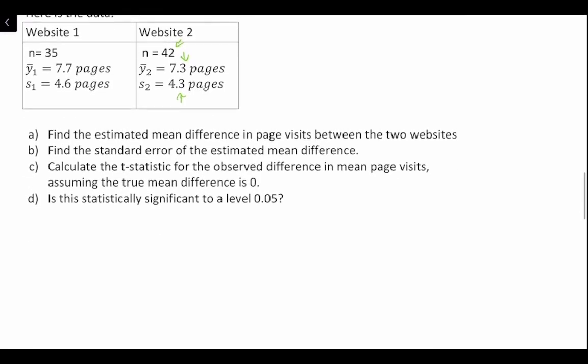So we have 4 different questions here, but let's just go through them. In A, we're asked to find the estimated mean difference in page visits between the two websites. So what we're saying here is that the expected value of y bar 1 minus y bar 2 is equal to the expected value of y bar 1 minus the expected value of y bar 2.